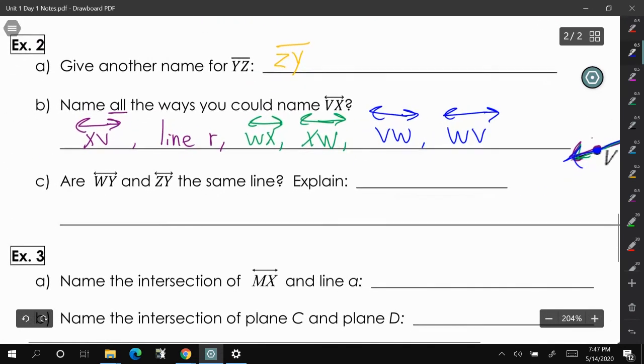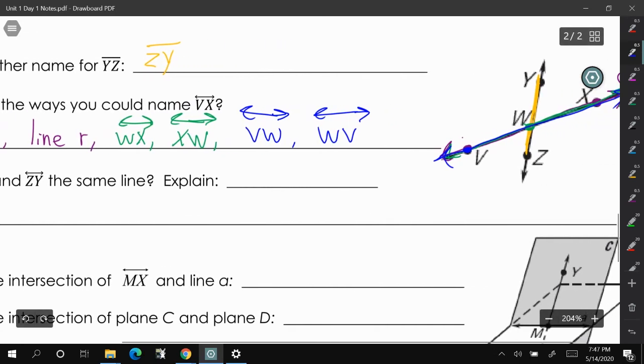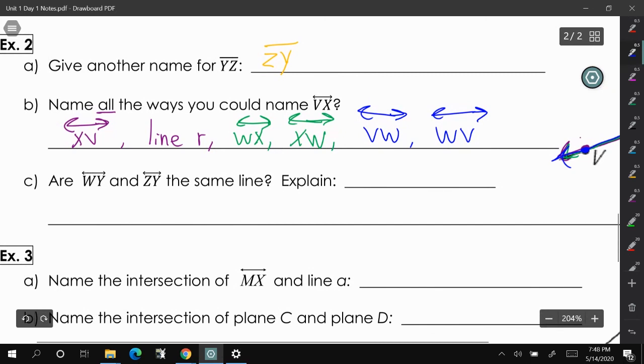And then we kind of already answered C. Are lines WY and ZY the same? Yes, they are the same because of what we talked about in letter B.